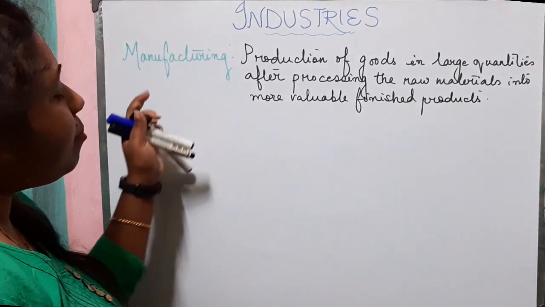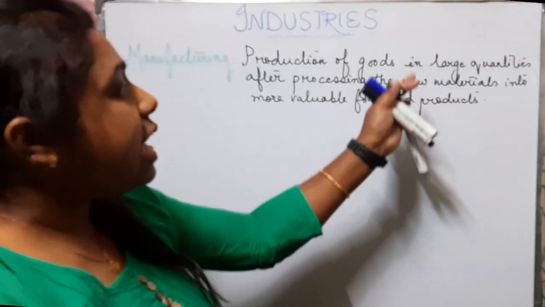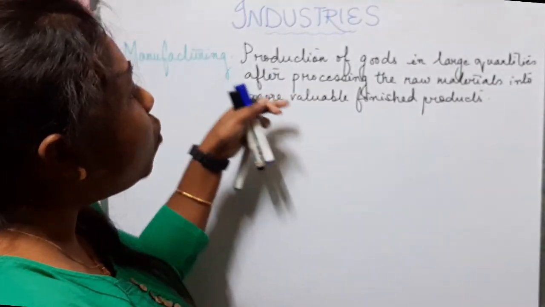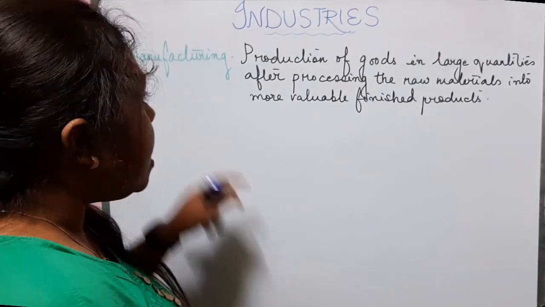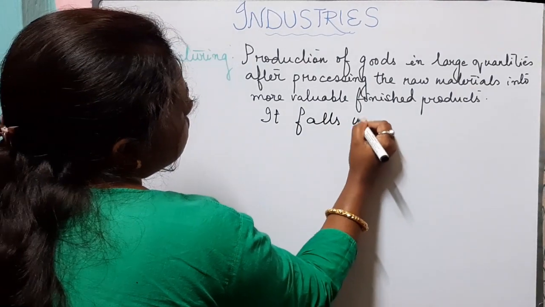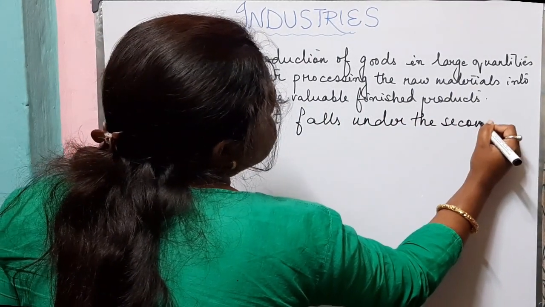So what do you mean by manufacturing? Manufacturing is referred to as the production of goods in large quantities after processing the raw materials into more valuable finished products. Manufacturing falls under the secondary activities.